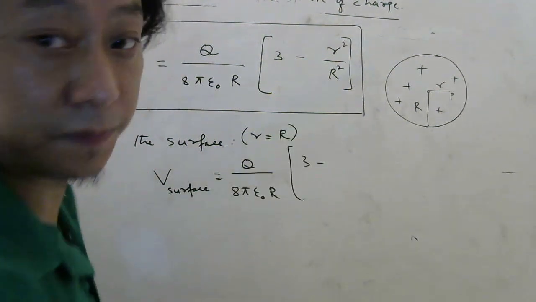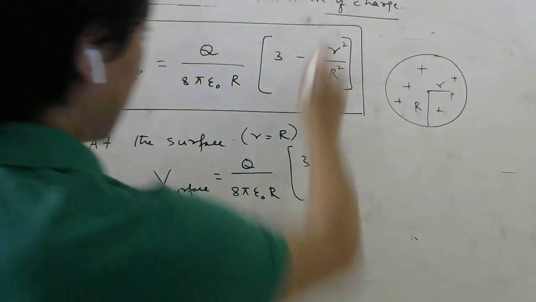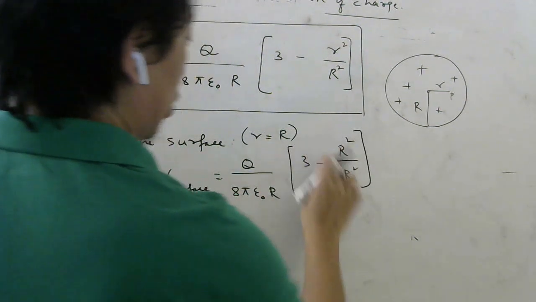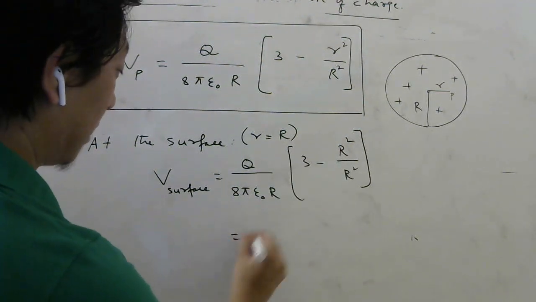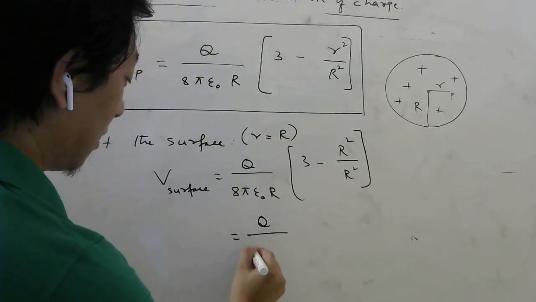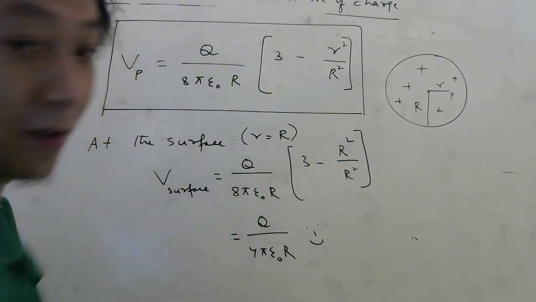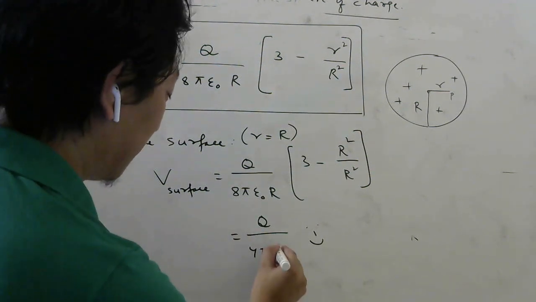Capital R. If this P was on the surface, small r will be capital R. So substitute capital R here. So r square by r square 1, 3 minus 1, 2. That 2 and this 8 will cancel. You will get q by 4 pi epsilon naught r, which is very nice. Nice to see, happy to see, because this is the formula for on the surface we have done already.